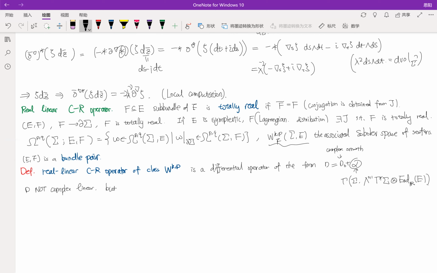But since we only add a zeroth order term, it is gauge equivalent to a complex linear, complex smooth Cauchy-Riemann operator.